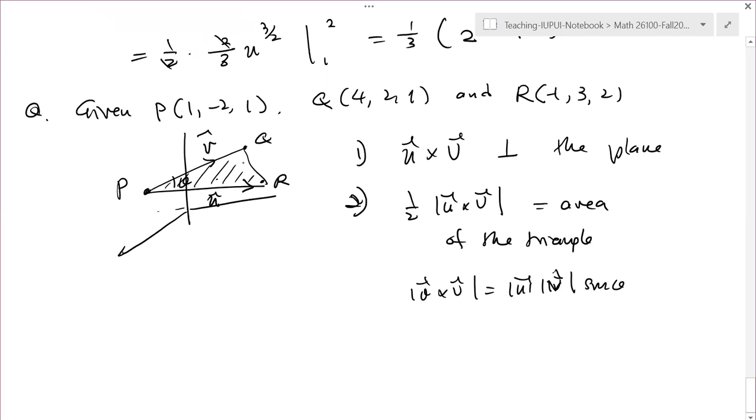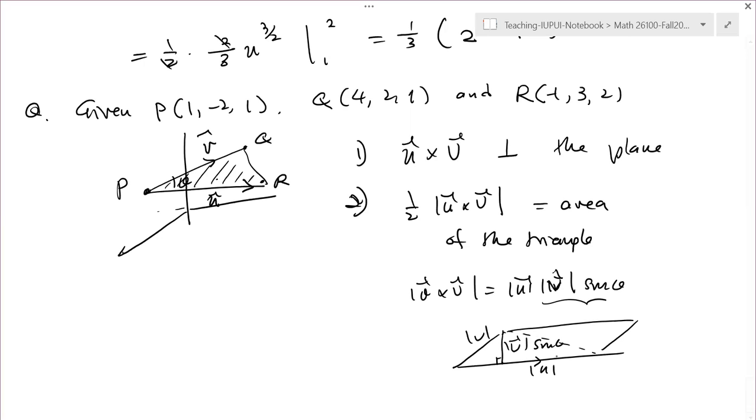Here v sine theta gives the height of the parallelogram. This is u, this is v. The height times the base gives the area of the parallelogram, but the area of the triangle will be half of that, right? So you don't need to use calculus to solve the problem.